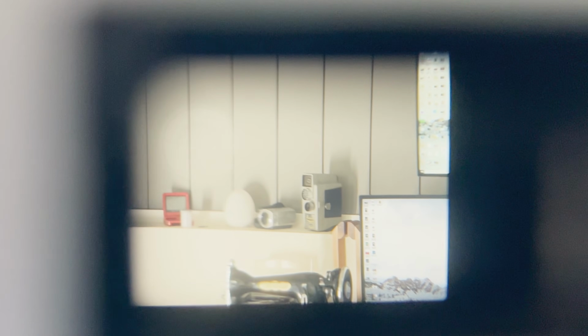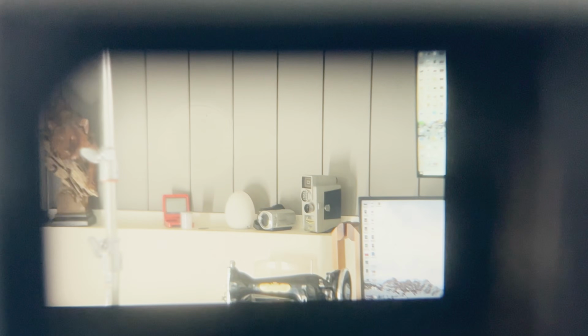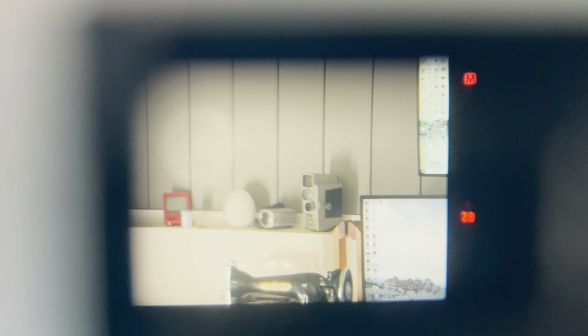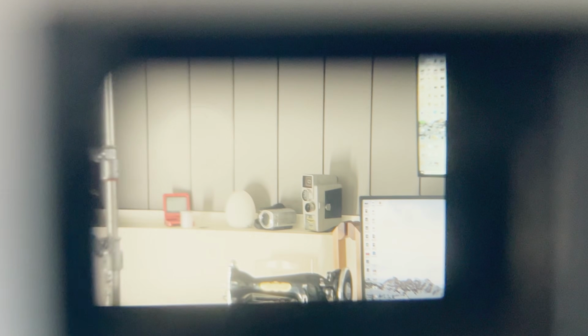So all I would have to do is rotate my lens to meet at f2.8, and then that means it will be properly exposed. If you're seeing a blinking icon like this, where you have that one down there blinking, that means that it's going to be way too slow of a shutter speed for your aperture in order to get a properly exposed image.